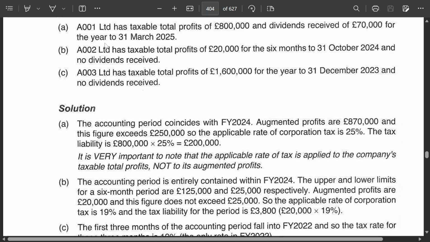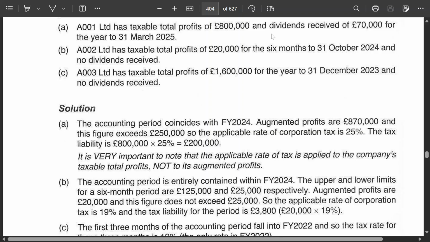So watch out for all this in the language as well. Okay, sometimes they will say like 9 months to here, like this one, 6 months. So please read carefully. A lot of the time the students don't read the question carefully. In a tax paper, you have to read the question very carefully. Every word has to be scrutinized. So 6 months to, or year to 31st March. It's a one year thing.